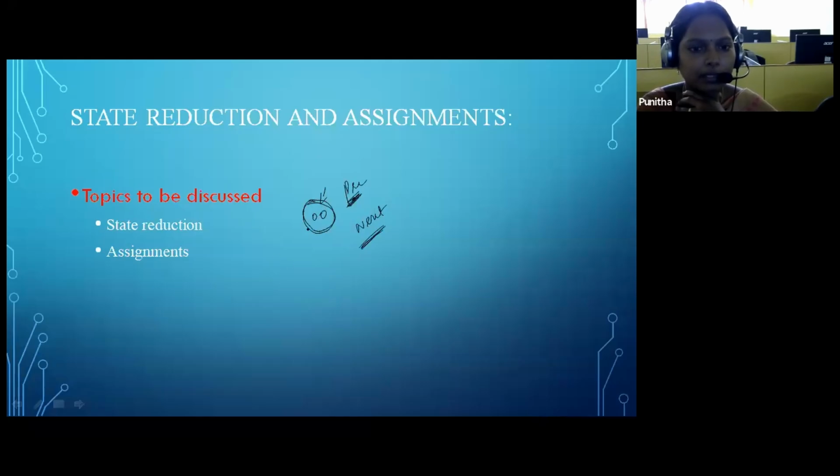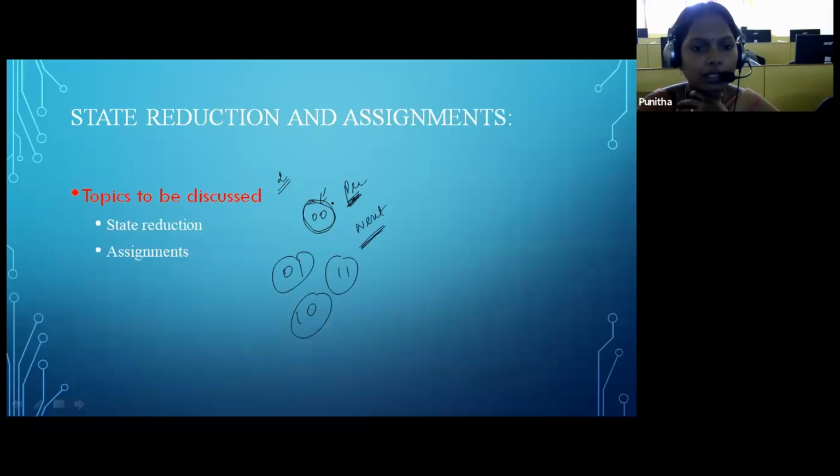If I have four states, 2 bits means I will have four states: 00, 01, 10 and 11. These are all the states I will have. Sometimes a state acts as a present state and it may act as a next state.